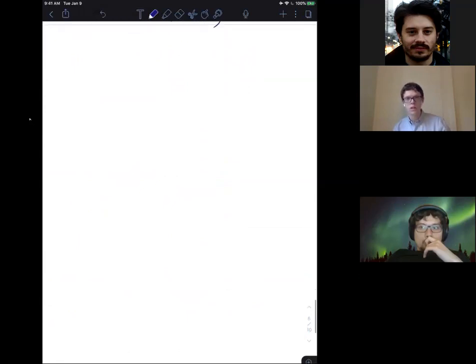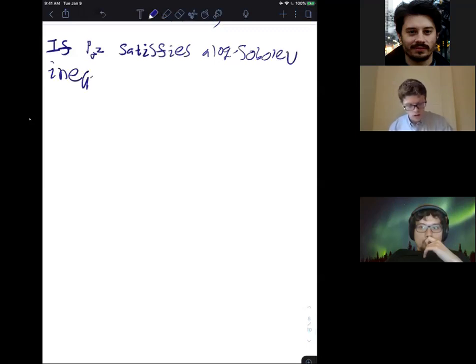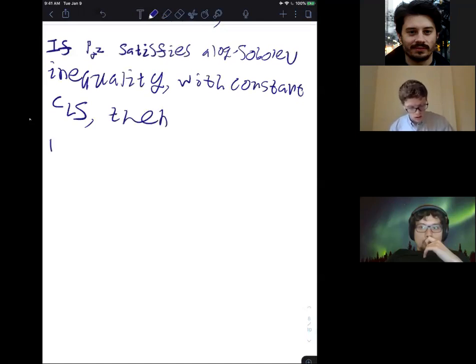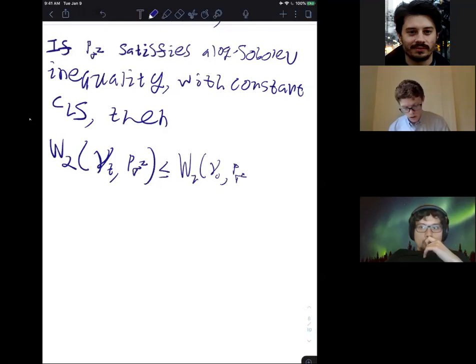I'm not sure how much detail you want me to go into in terms of log Sobolev inequalities and log Sobolev constants, but I'll just say that if p sigma squared satisfies a log Sobolev inequality with constant C_LS, then W2 of nu t, p sigma squared is less than or equal to W2 of nu 0, p sigma squared times e to the minus 2t over C_LS. So we have exponential decay in the Wasserstein distance.